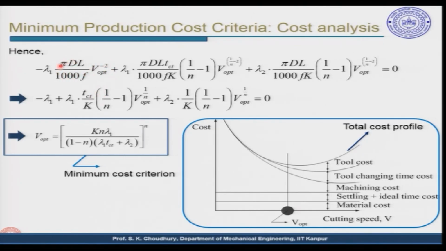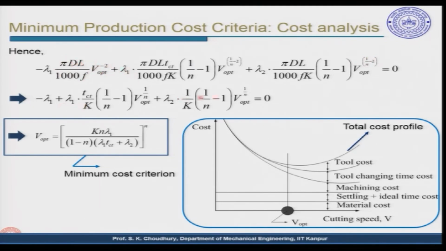Now remaining will be 1 by n minus 1 V to the power 1 by n, and this will be V optimum of course, and similarly this factor. Here it will also be V optimum to the power 1 by n, because we have taken V optimum to the power minus 2 and pi d L by 1000 f common.